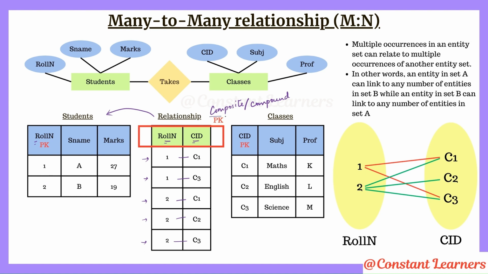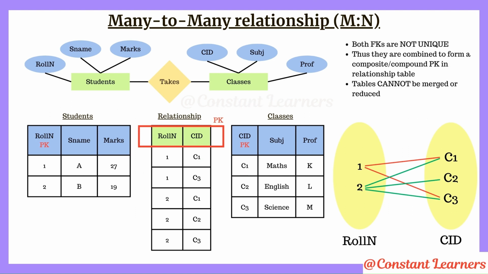And talking about the relationship and classes tables, can we merge these two tables together? No, that is also not possible because here also C1, C2, C3 are supposed to be unique. The class IDs cannot be repetitive. But in the relationship table, the class IDs are repeating. So in case of many-to-many relationship, we cannot reduce the tables or merge two tables together.